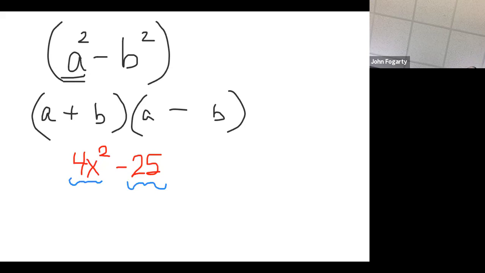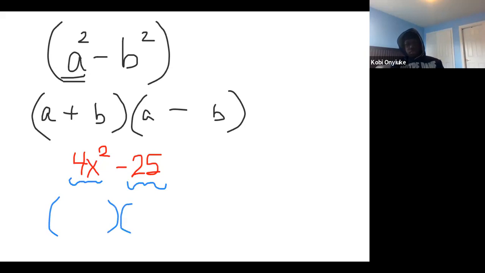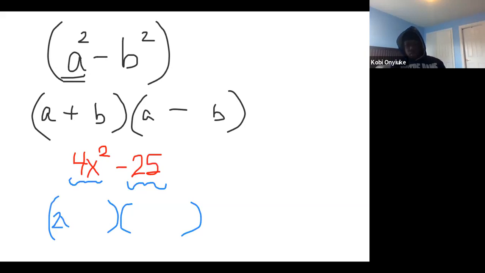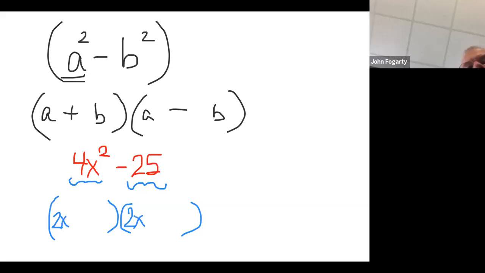Is 4 perfect? Yeah. Of course it is. So I know I'm going to get, oh, my bad, I'm going to get 2x and 2x. And we get 5 and 5. And one's plus and one's minus. Done. That's not a big deal, right?